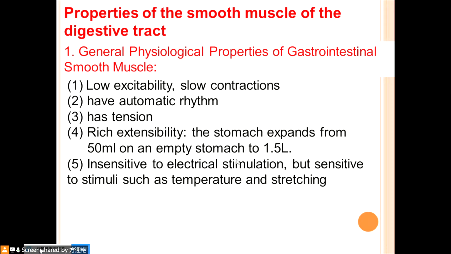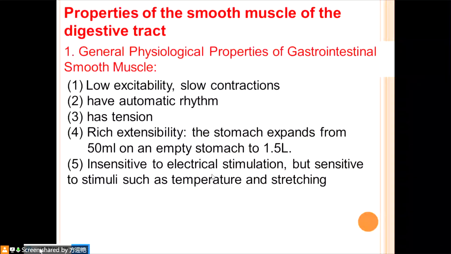Gastrointestinal smooth muscle is also insensitive to electrical stimulation, meaning that with electrical stimulation it doesn't become excited. But the stomach and the intestine are sensitive to stimuli such as temperature and stretching.